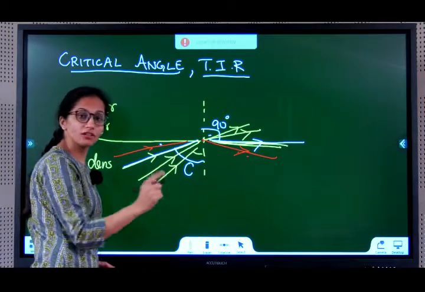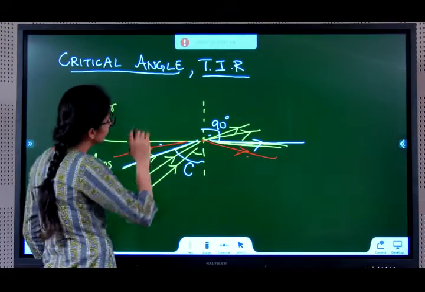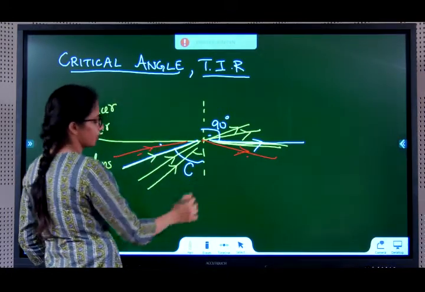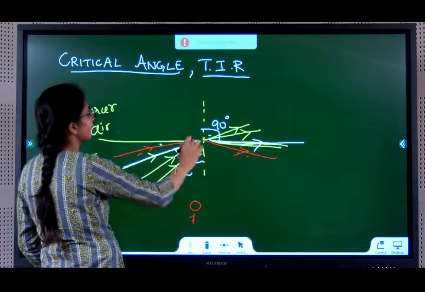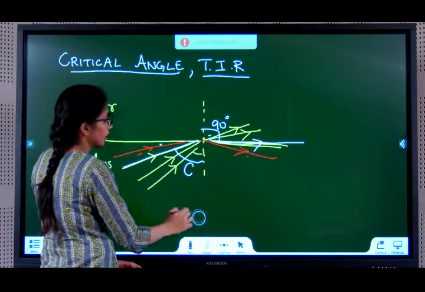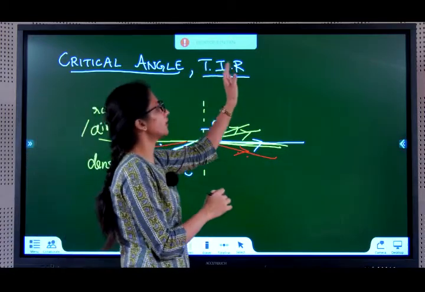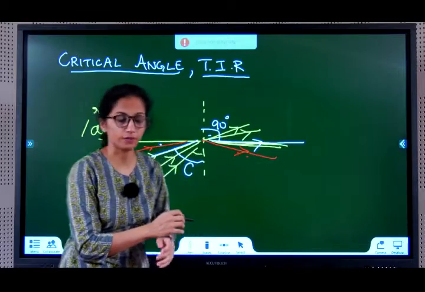Is it reflection? No, it is refraction. Due to refraction, it looks like reflection. For a person standing here, he'll feel, oh, light is reflecting back, bouncing back into the same medium. Is it reflection though? No. So this is actually refraction, but it is referred to as total internal reflection.